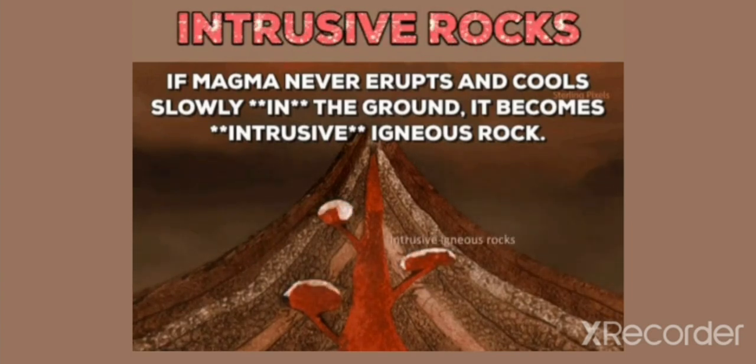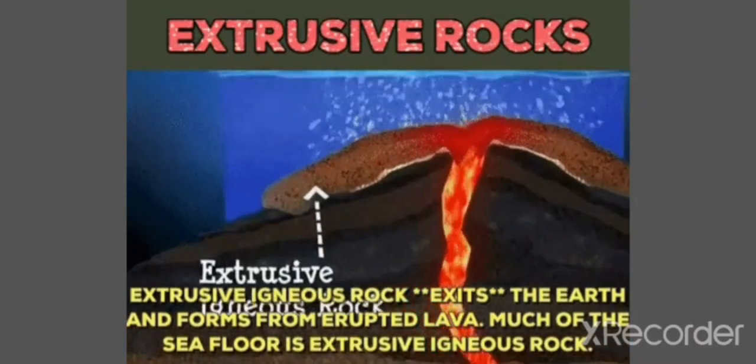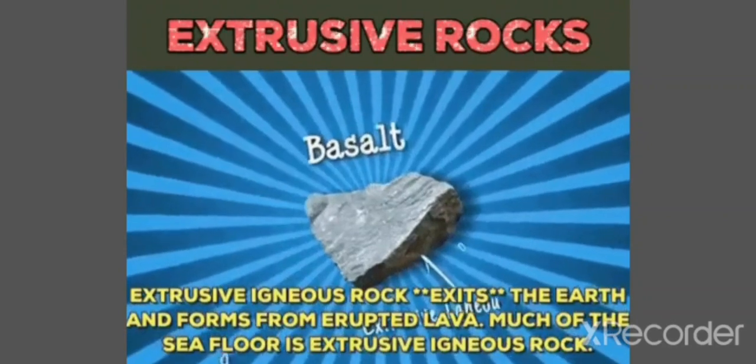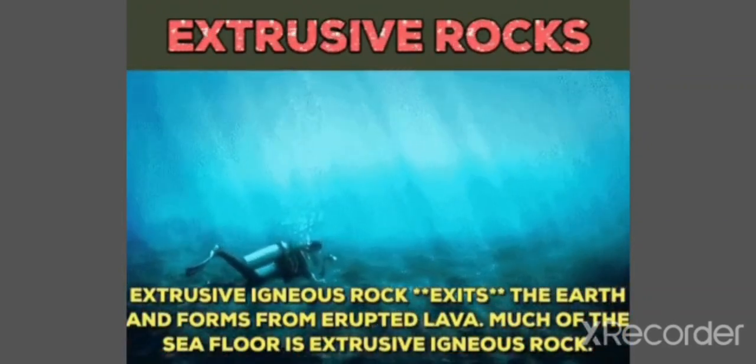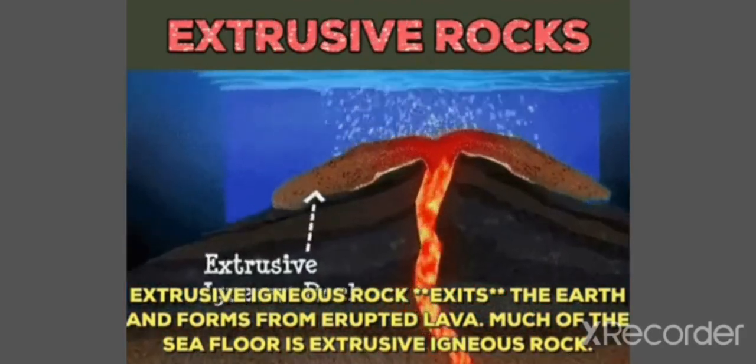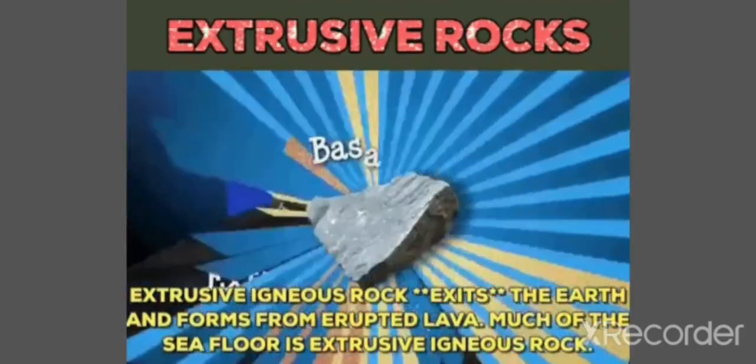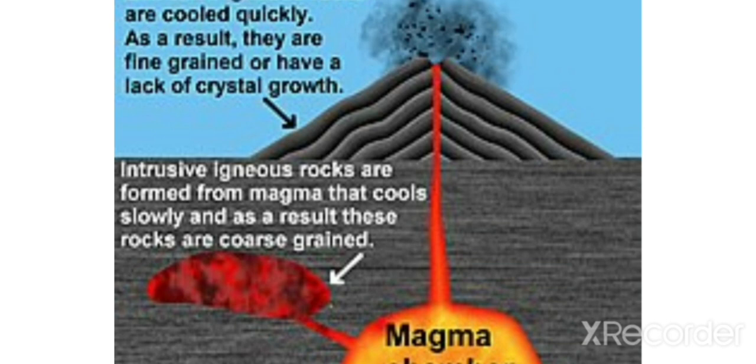So if this magma moves and becomes cool under the ground, it becomes intrusive igneous rock. But when it comes out of the ground, erupts like a volcano and cools down on the earth's surface, it becomes extrusive igneous rock.